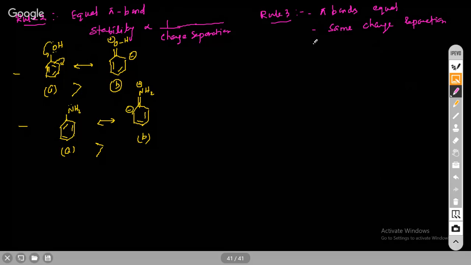Because these are not different. Then in this case, what we say is that stability is directly proportional to the complete octet of number of atoms. Means if you have more number of atoms with complete octet, then more will be the stability.